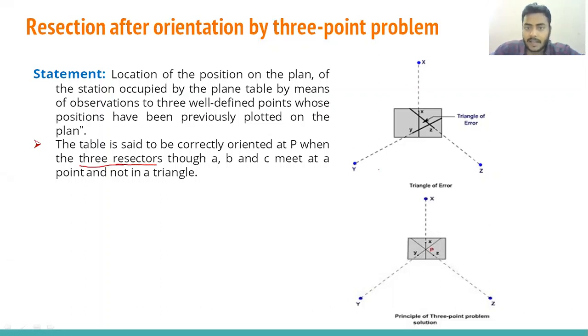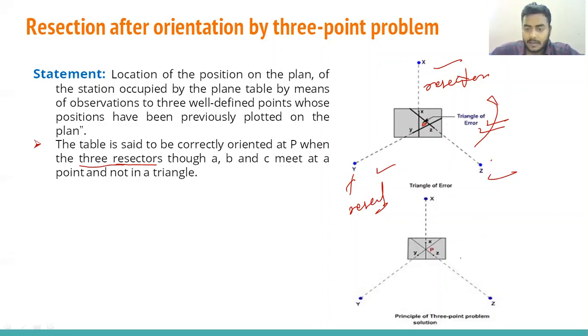What is a ray? In the figure you can see stations X, Y, and Z. In this case we are drawing a ray, this is called a ray, this is also a ray, and this is also a ray. They are not meeting at a point; they are making a triangle. This is called the triangle of error, so we have to reduce that.